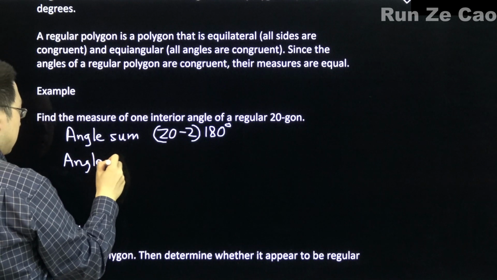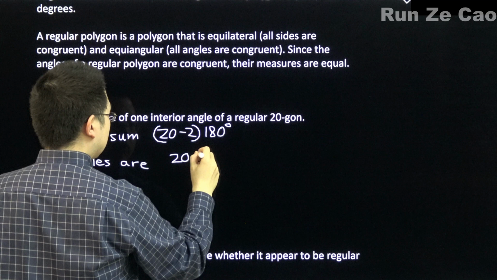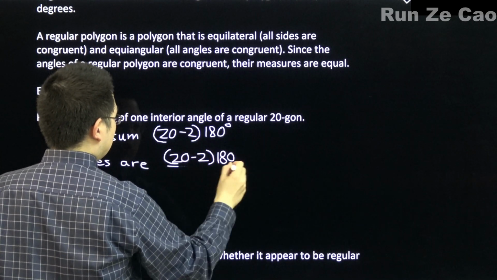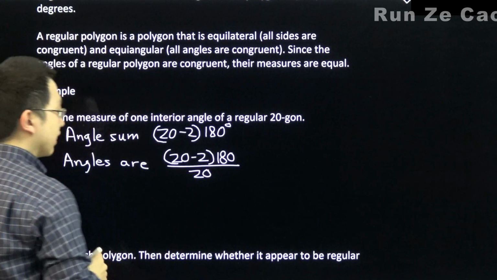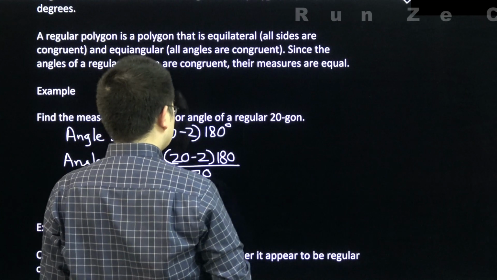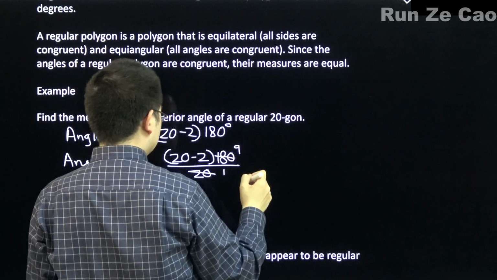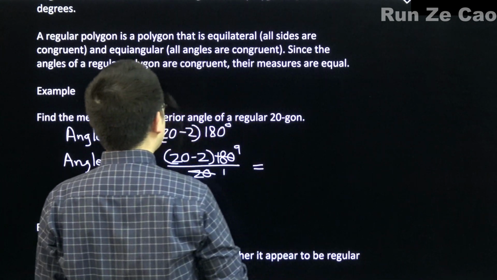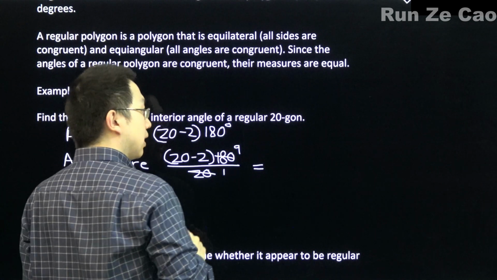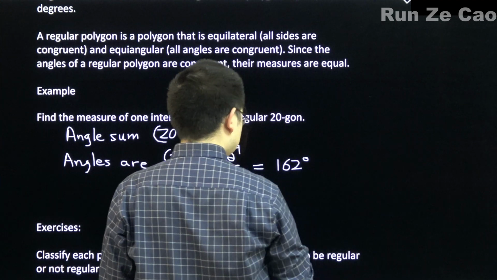Each angle is 20 minus 2 times 180 over 20, because you're dividing them among 20 different angles. Right. Cancels out. And we get 18 times 9, or 9 times 9, so 81 times 2, which is 162 degrees.